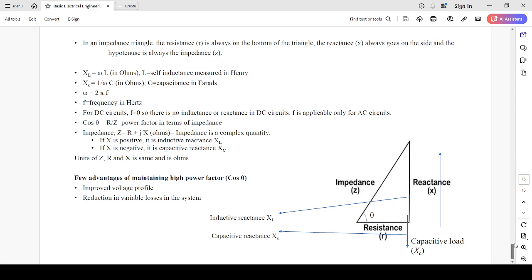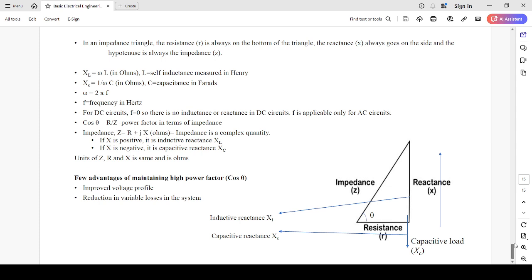There are two types of reactance. One is the inductive reactance corresponding to self-inductance, and the second is the capacitive reactance. You can observe the direction of the capacitive reactance, that is Xc.